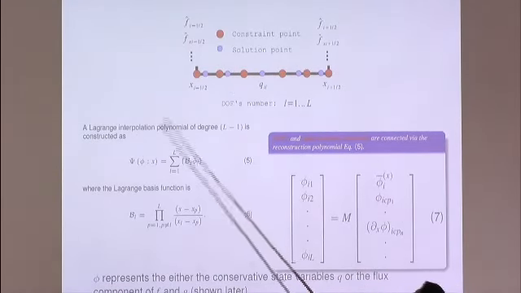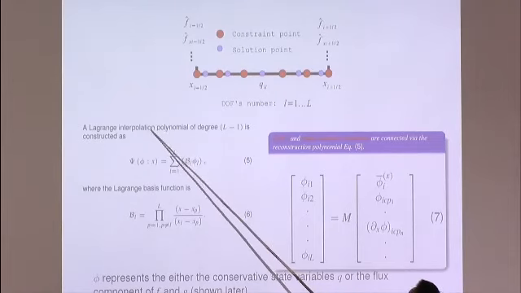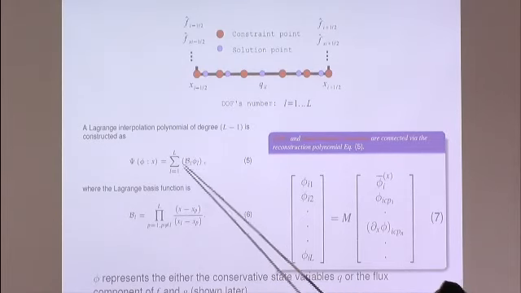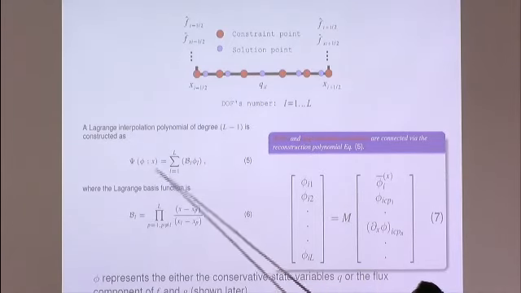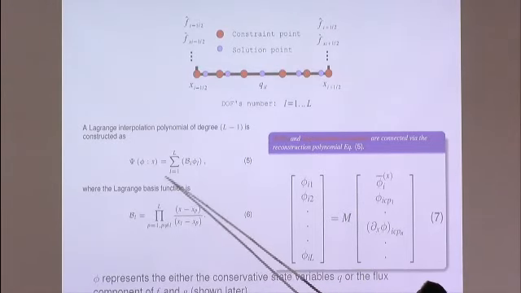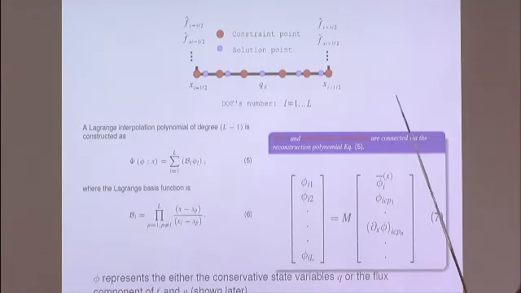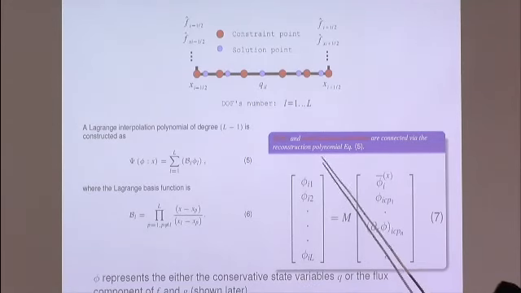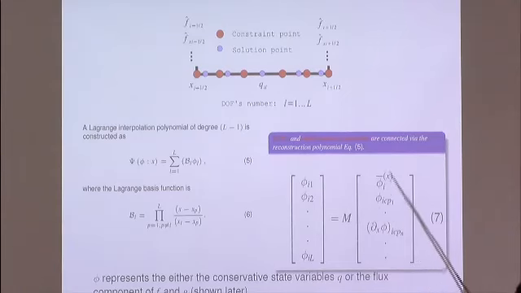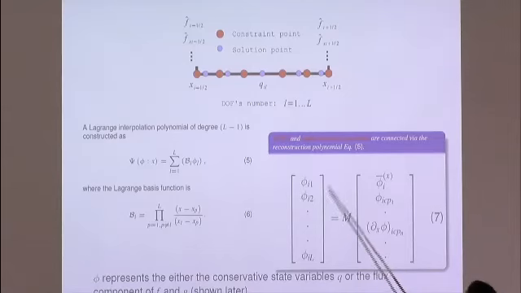We use the Lagrange interpolation polynomial as basis functions. Using these interpolation functions, we can connect the solution points, which we also call DOFs, meaning degrees of freedom, with the constraints. Here M is a matrix. Next, I will give the detail of how to derive this relationship.